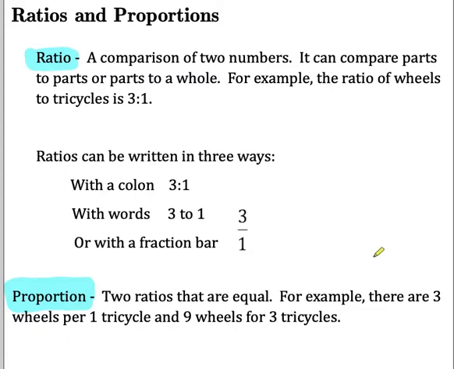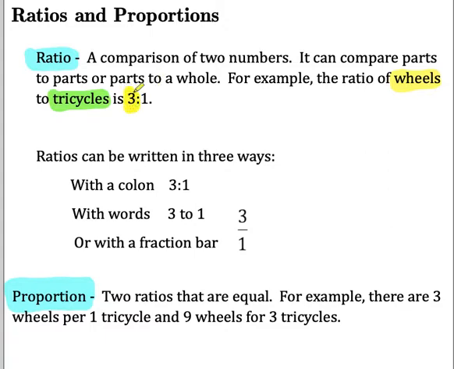The order for ratios and proportions is really, really important. So the order that the words go in has to be the same order that the math goes in. So for example, if I say the ratio of wheels, and then I say tricycles, so wheels to tricycles, if I say it in that order, then the math has to go in the same order.